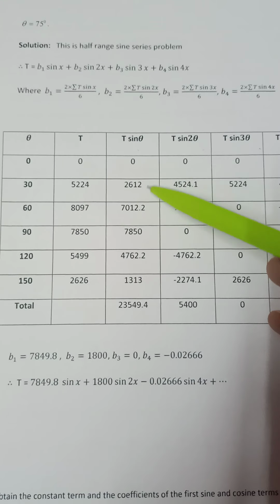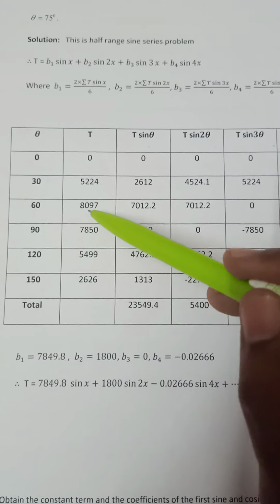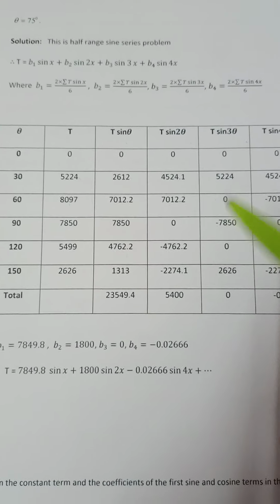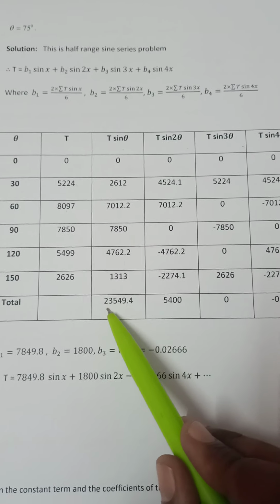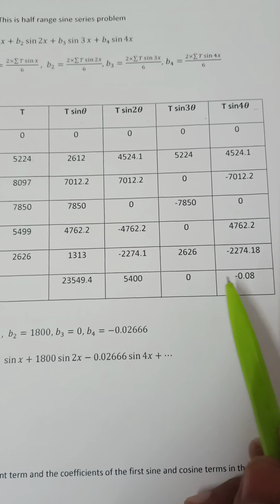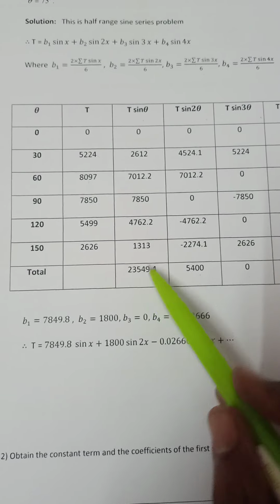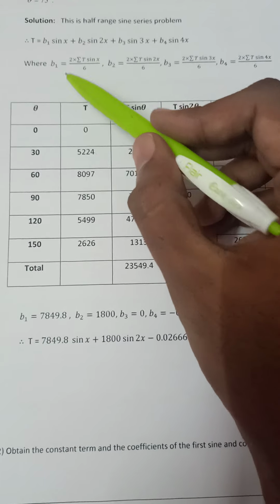Just form the table and take the summation totals. Then put these summation values in the formulas and calculate.